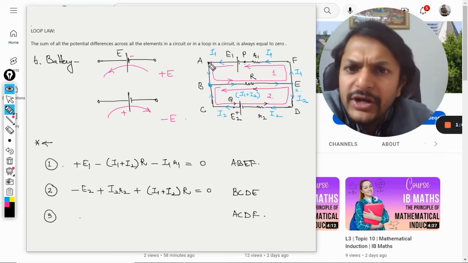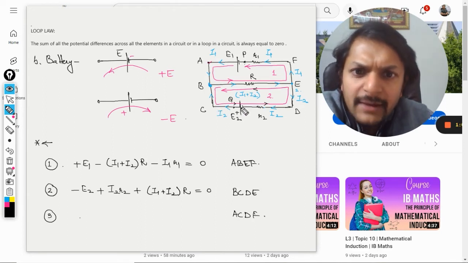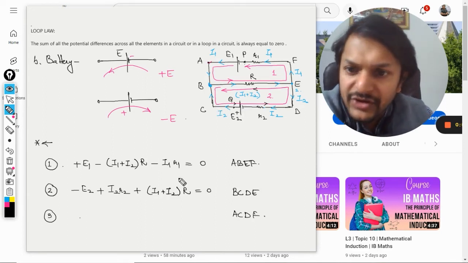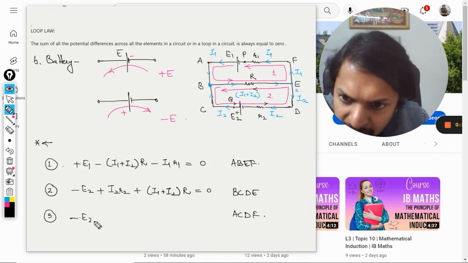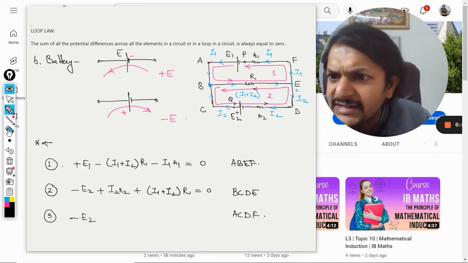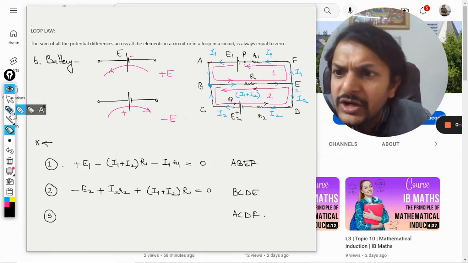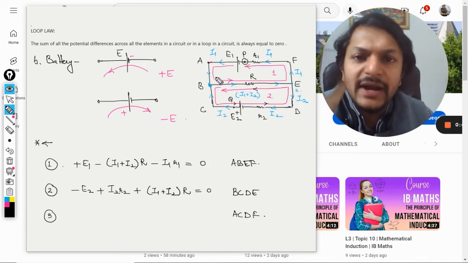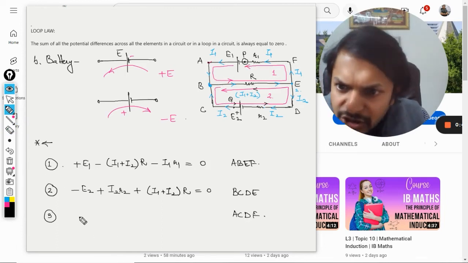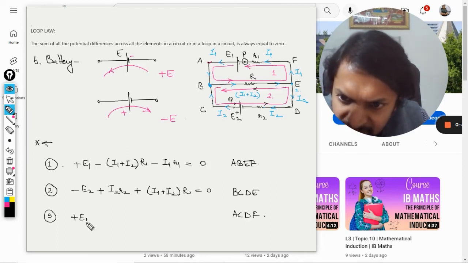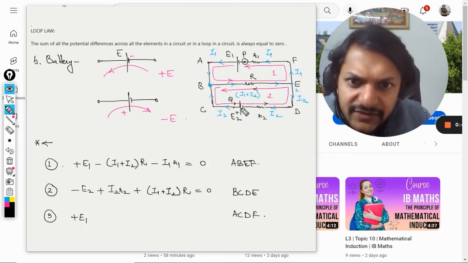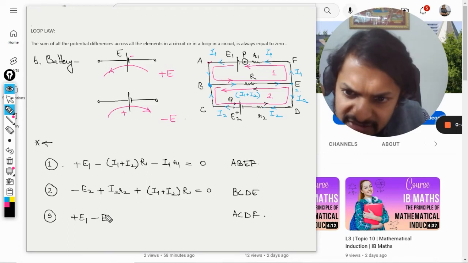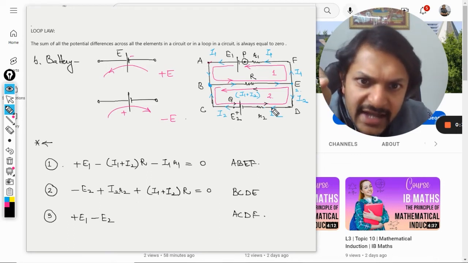So I start from the point A, and first of all I am going to encounter the positive terminal of the battery E2. So it is minus E2, or let us say, to make it even more clear, let us start from the point P only. So first of all we will encounter the battery E1, the negative terminal. So it will become plus E1, and then the positive terminal of the battery, that is minus E2, and then the resistance.